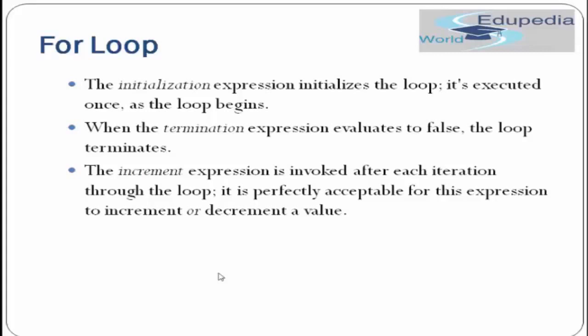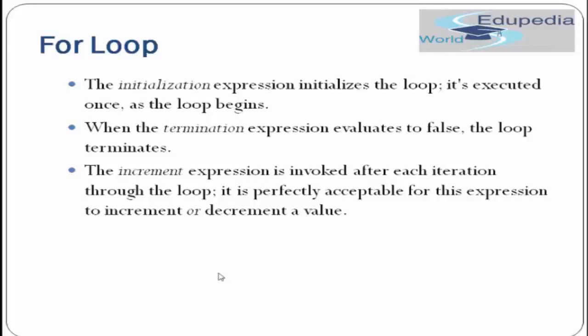The initialization expression initializes the loop. It is executed only once as the loop begins. It initializes the loop variable. When the termination expression evaluates to false, the loop terminates, because that is the condition to stop the looping.